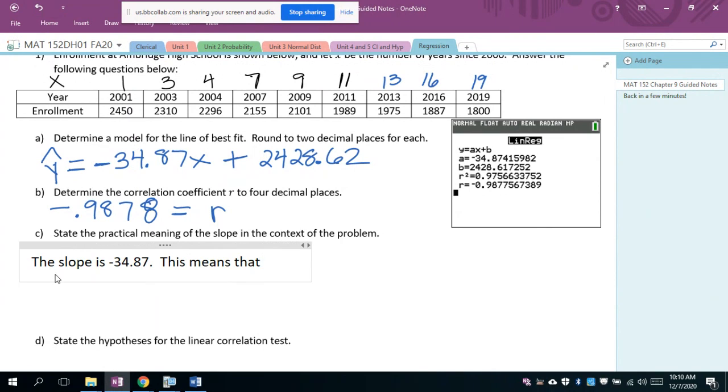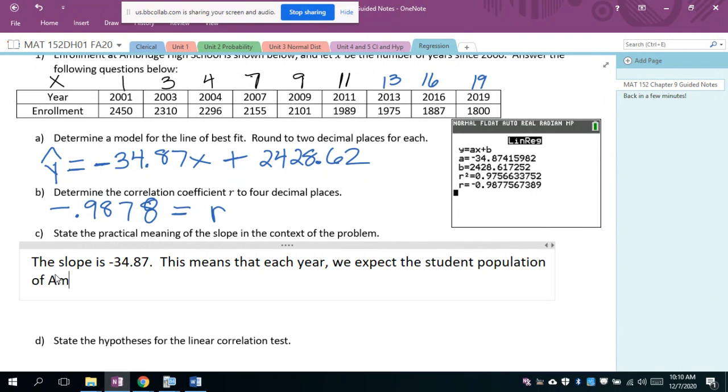This means that each year we expect the student population of Ambridge High School, that's actually Pittsburgh, to decrease by 34.87 students each year.